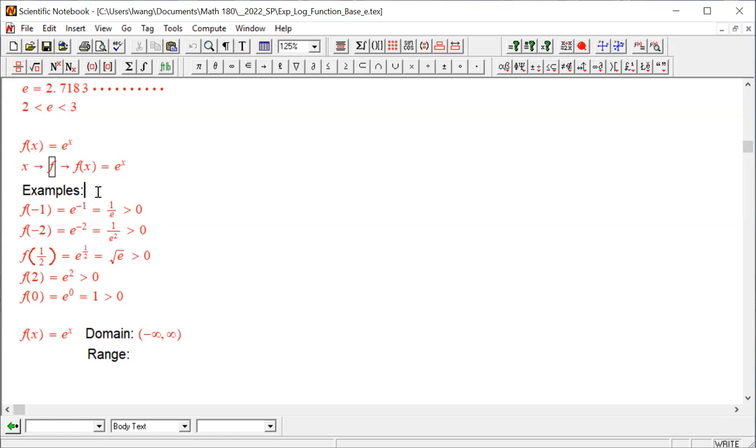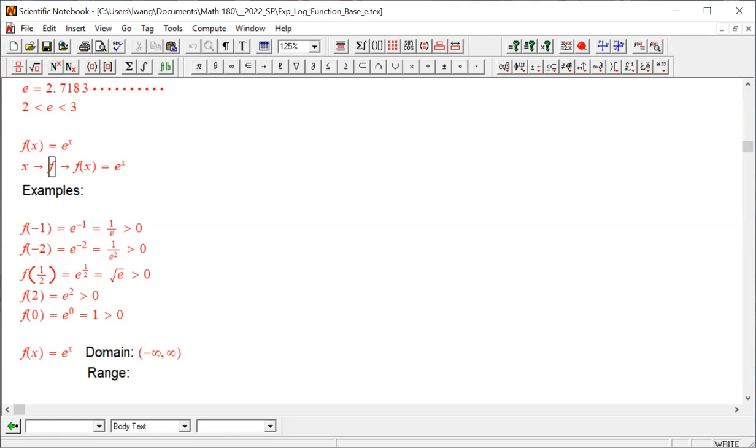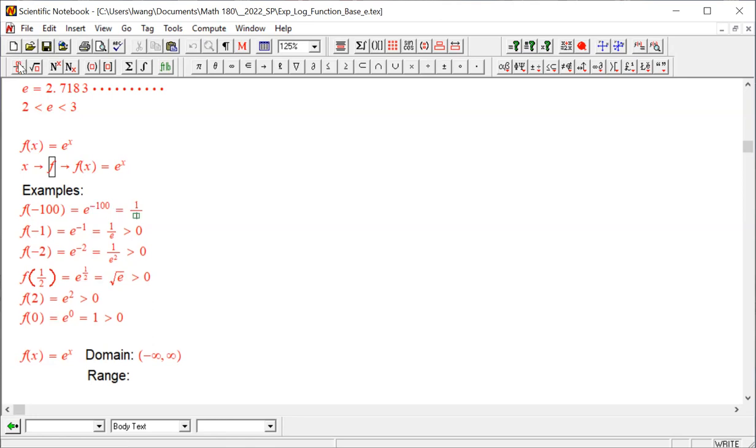For example, if I use e to the power of negative 100, you'll get e to the power negative 100. And when you write it in the other form, which is 1 over e to the power 100, well, e to the power 100 is going to be a huge number. Divided into 1, it's going to be close to 0, but it is still positive.